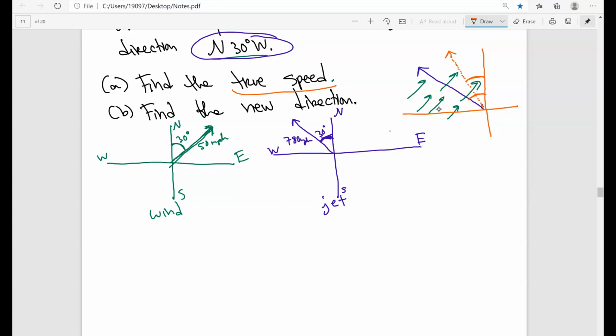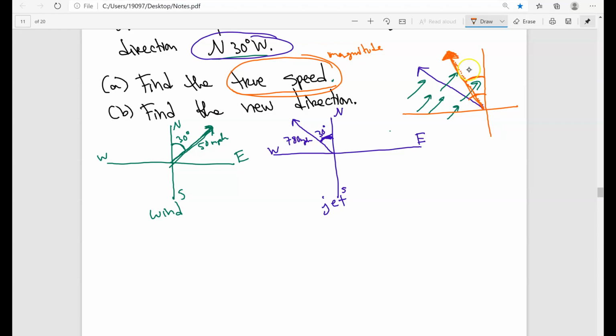Before we find the true speed, because here we're thinking of the magnitude, we're looking for the magnitude of this new vector. First, we need to figure out how to get this orange vector. The way I do it is I add the vector for the jet plus the vector for the wind, and that will give me this orange one.